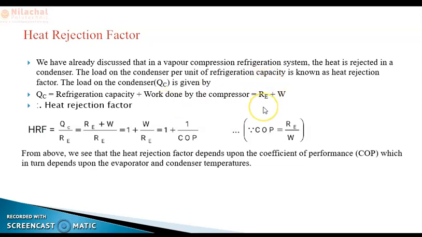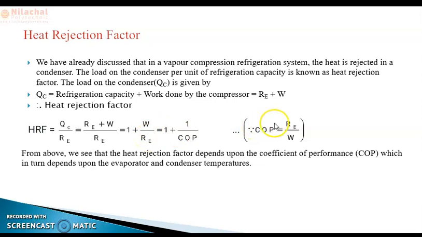So we can write mathematically QC is equal to RE plus W. The heat rejection factor we can write in short form as HRF, which is the condenser load QC by refrigeration capacity RE. So QC is equal to RE plus W, divided by RE. If you divide partially, then you will get 1 plus W by RE.